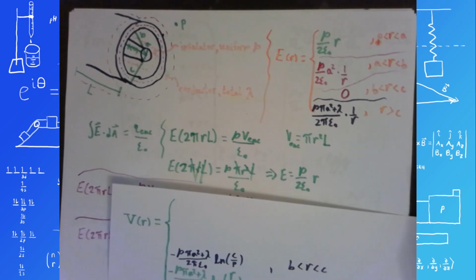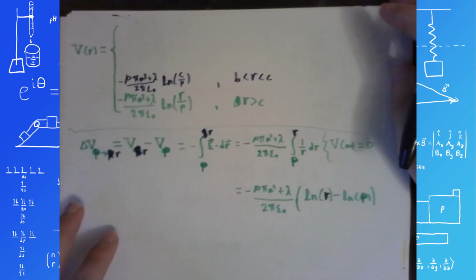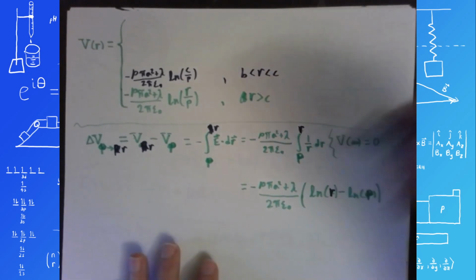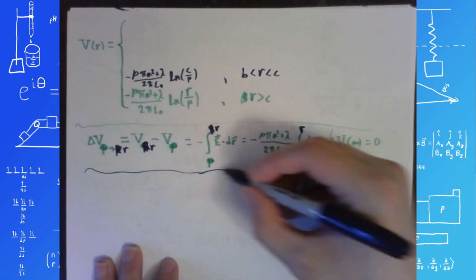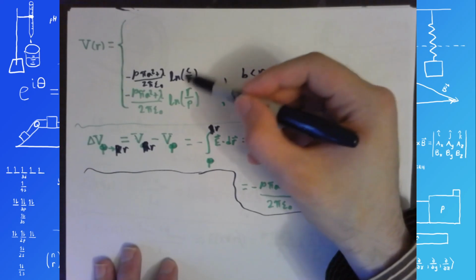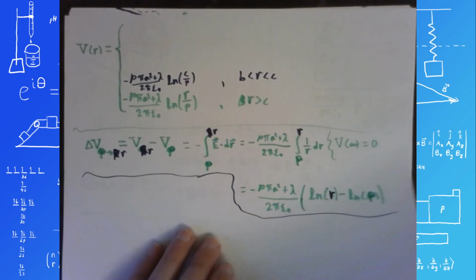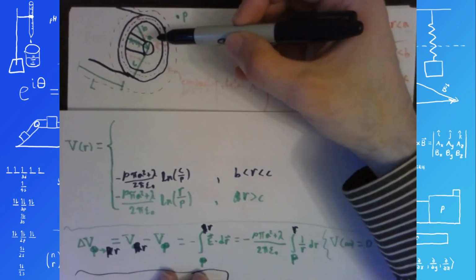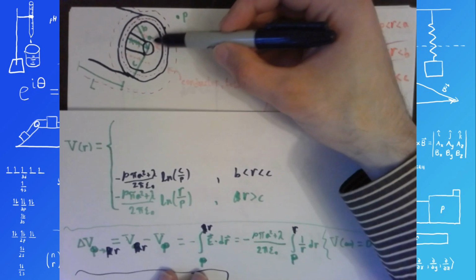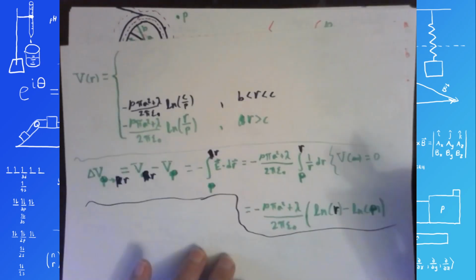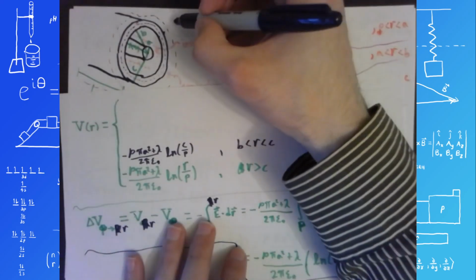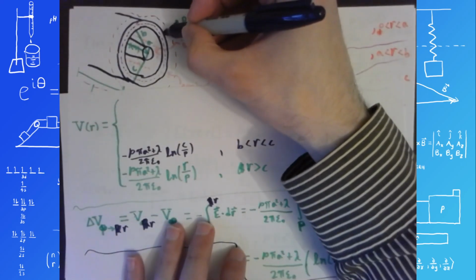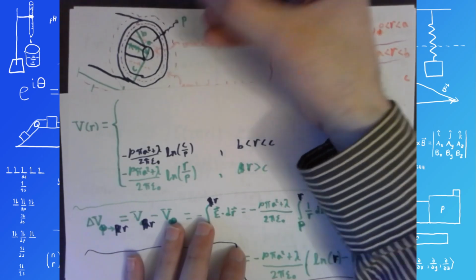All right, and then we get to this region next. So for this region, I'm going to start with this voltage, and I'm going to do an integral from B to R, where R is less than B but greater than A. So I started here, moved to here, moved through here, and now I'm moving through here.